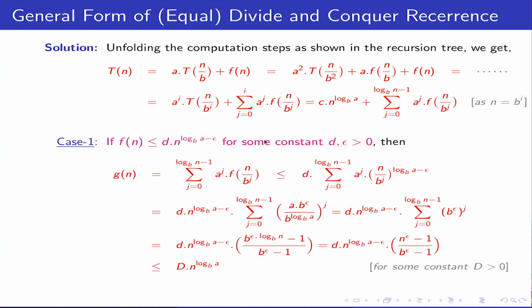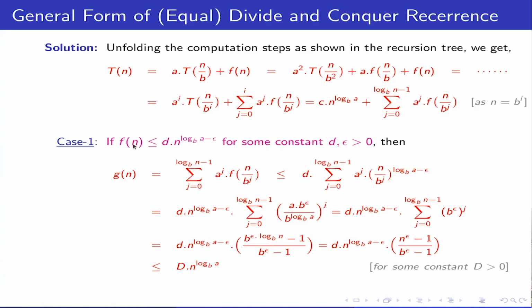So here we go with case 1, which says that f(n) is less than n to the power log a base b minus epsilon, for some d and epsilon greater than 0. So what does it say? It says that the f(n) term is obviously less than this with respect to n.